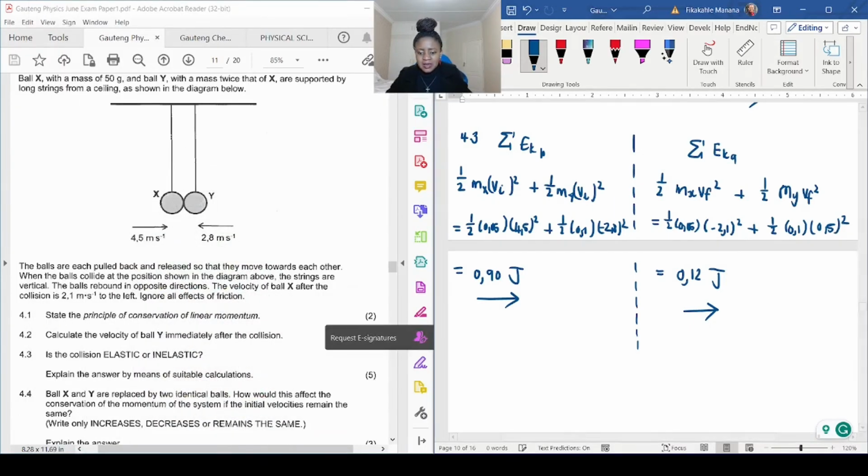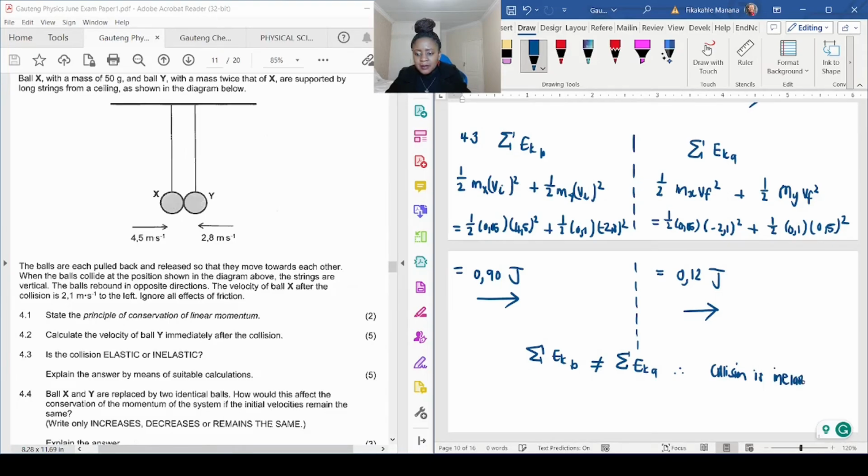All right, the question was, is this collision elastic or inelastic? We can see that the sum of the kinetic energy before is not equal to the sum of the kinetic energy after. Therefore, the collision is inelastic, with one L, with two L's.